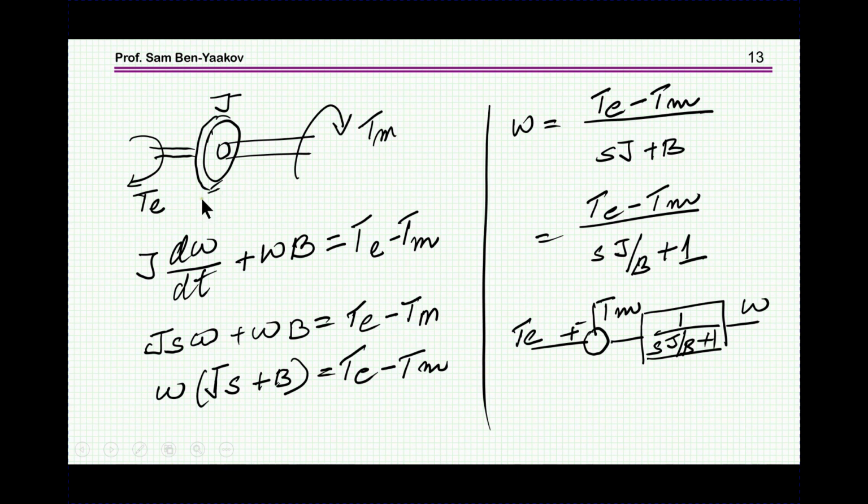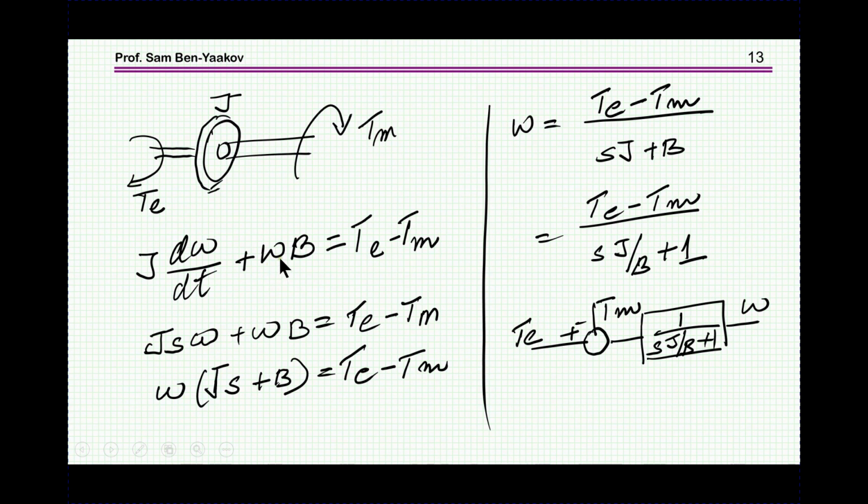Now, if we have a moment of inertia and we have a total torque which is imposed on it, then we are going to have in the mechanical framework a force which is the moment of inertia times the acceleration, which is the derivative here. And then I'm adding to it a portion which is friction.